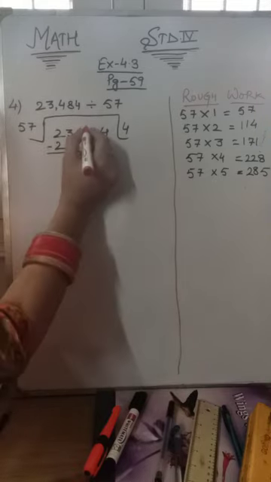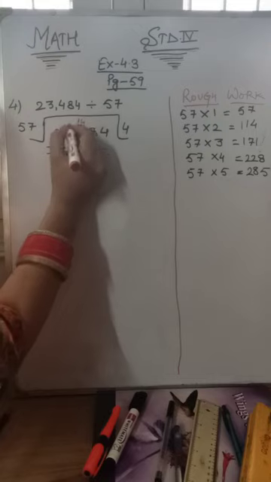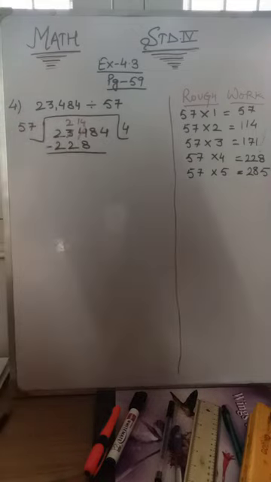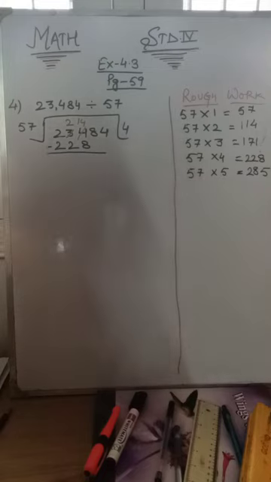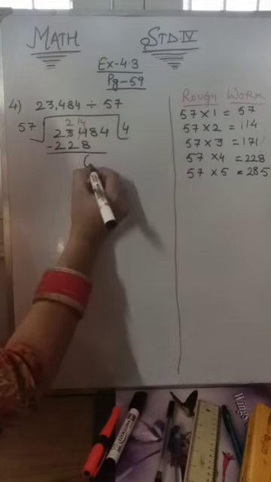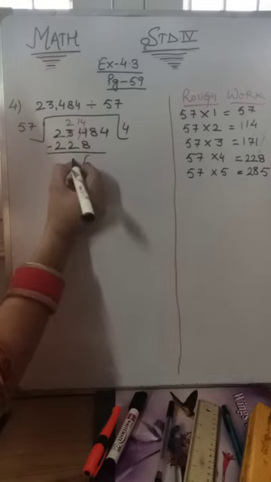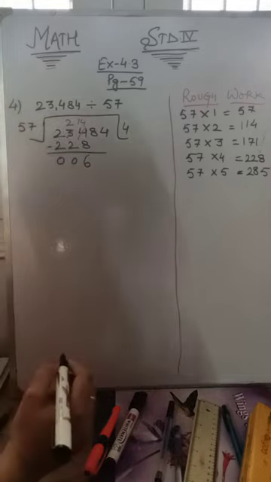We'll make this 14 and take 1 from here. So now we will be able to subtract. 14 minus 8 is 6. So this will be 6. And 2 minus 2 is 0. 2 minus 2 is 0.